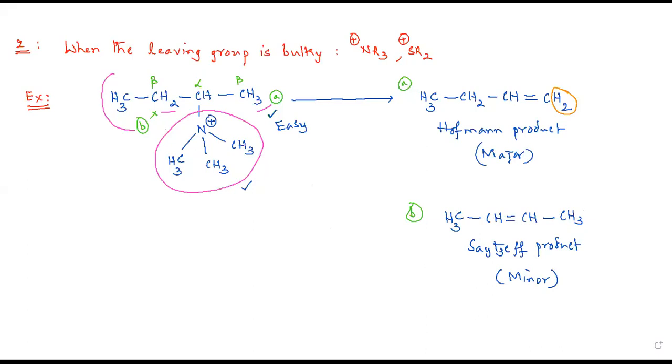So the first one is when the leaving group is poor. Now the second one is when the leaving group is bulky. The third exceptional case is when the base is bulky. The base used is bulky. Let me give you an example.